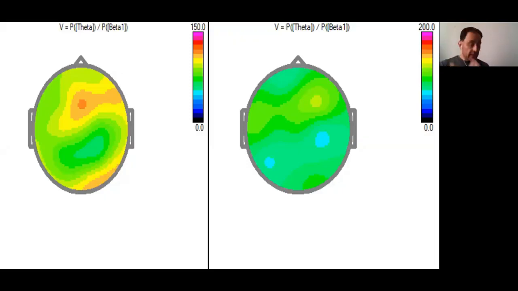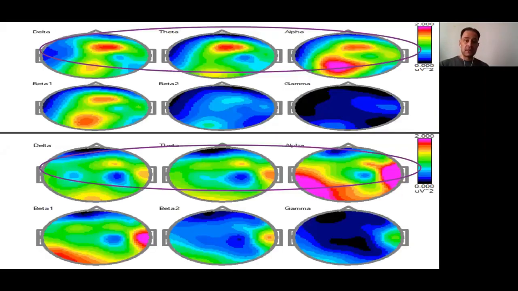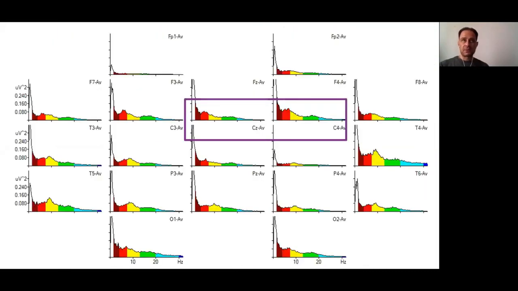So again, the goal is to understand the mechanisms of Brainspotting at the brain level. This is one session of Brainspotting, and while it's not publishable, it's exciting. It's a first step. We've got to start somewhere. And we have to remember that Brainspotting is a young technique. We're very young, and we therefore have time.